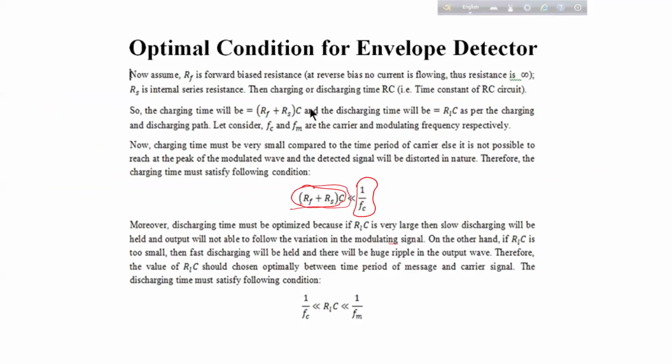If it is less than 1 by Fc, discharging time, okay, give me some time.